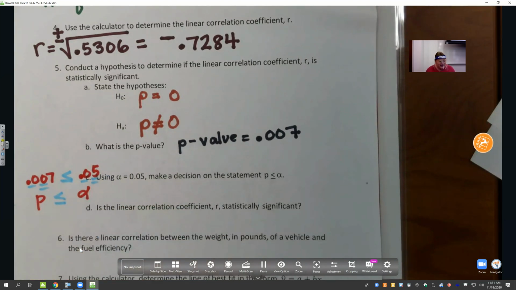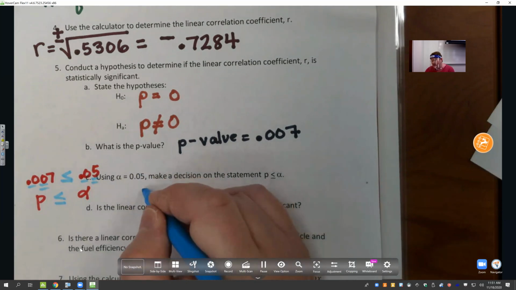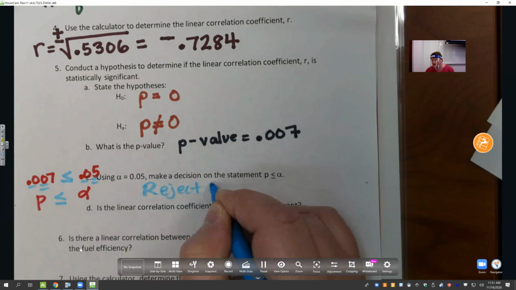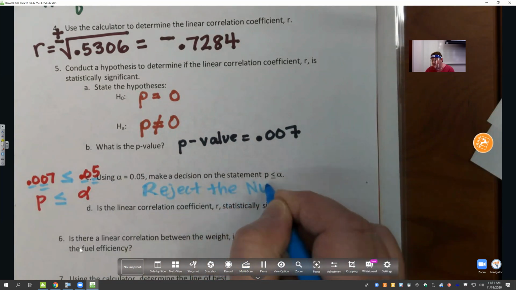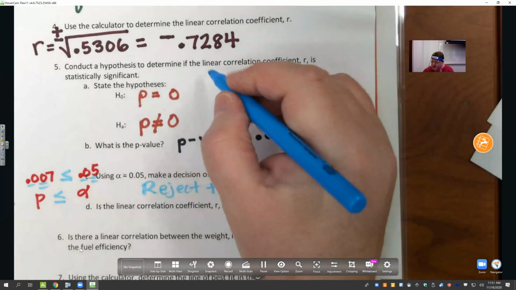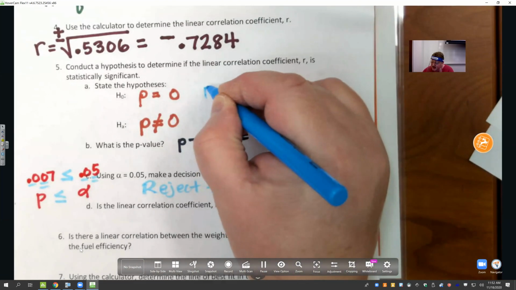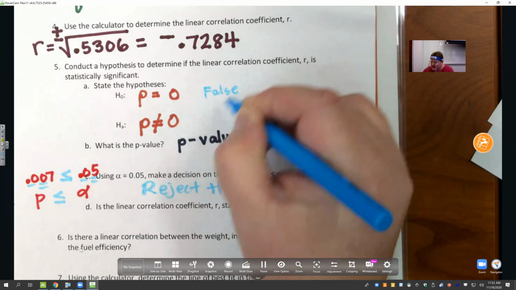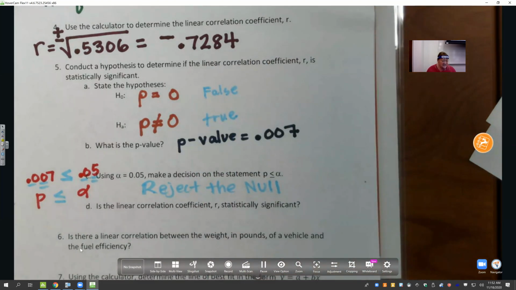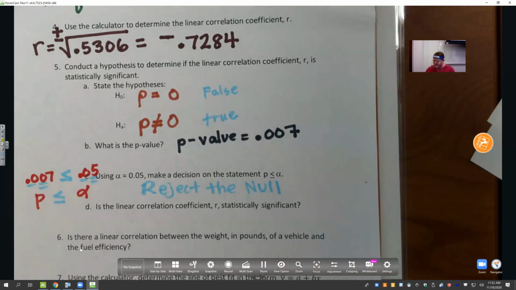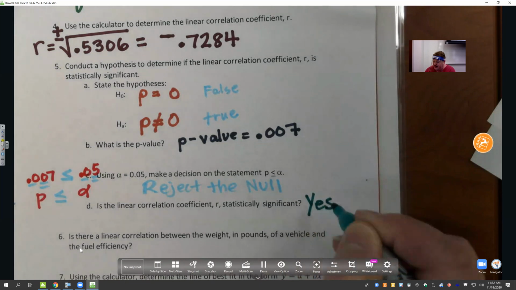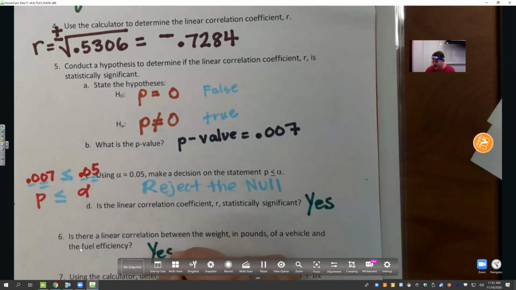And when p is less than or equal to alpha, we do reject the null. So if you reject the null, remember that means the null is false and the alternative is true. And when the alternative is true, that means that R is statistically significant and there is a linear correlation.